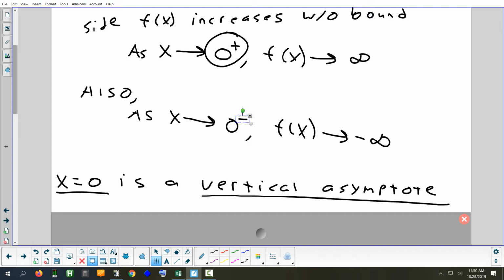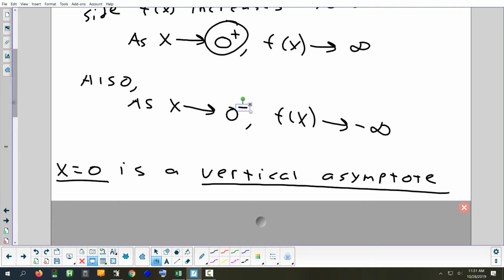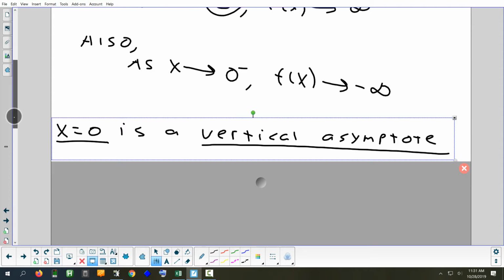You cannot put y equals. If you put y equals, you just told me a horizontal, which is good. I might ask for a horizontal. But if I ask for a vertical, I want x equals, and then you put the number that you were trying to approach, where all of a sudden it just went crazy and took off.